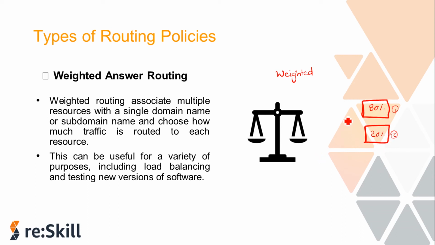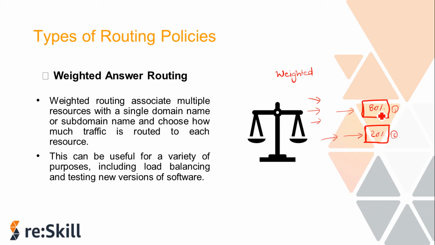So 80% of the times, whatever requests are coming in will go to this particular server. Only 20% of the times will a request be sent to the second server. Based on the weight that I specify, the requests will be routed to each server; whichever is heavier, more requests will be sent through that server.